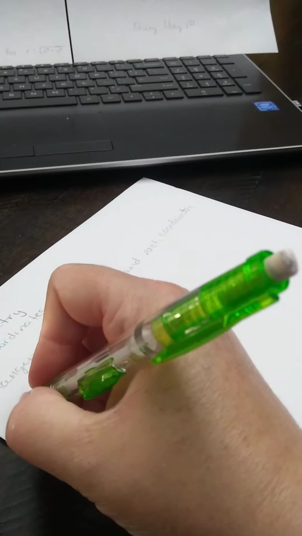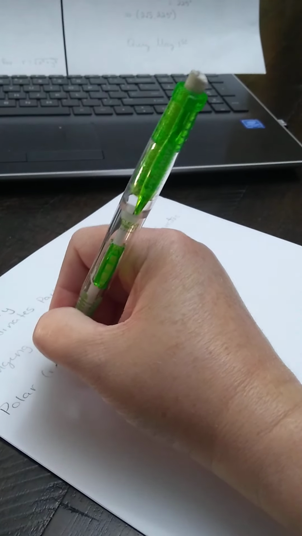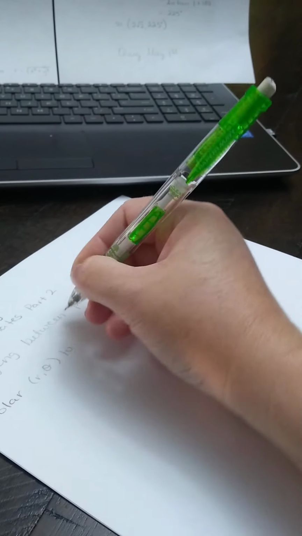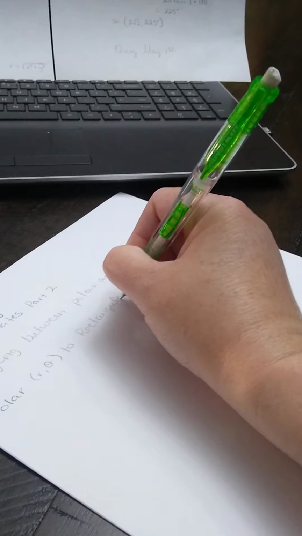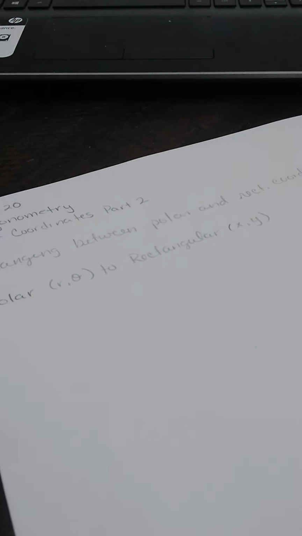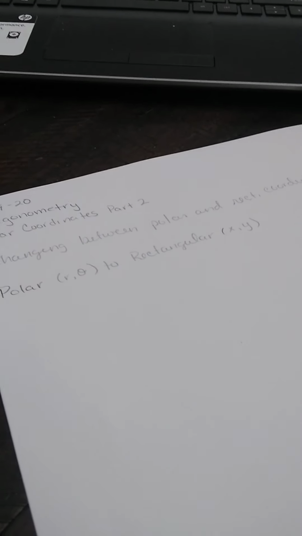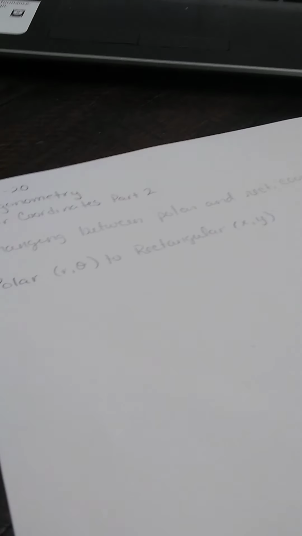All right, so first we're going to look at polar, which is r theta, to rectangular, which is xy. Okay, so regular coordinates, rectangular coordinates, xy coordinates, whatever you want to call them, and polar coordinates, r theta, and vice versa.